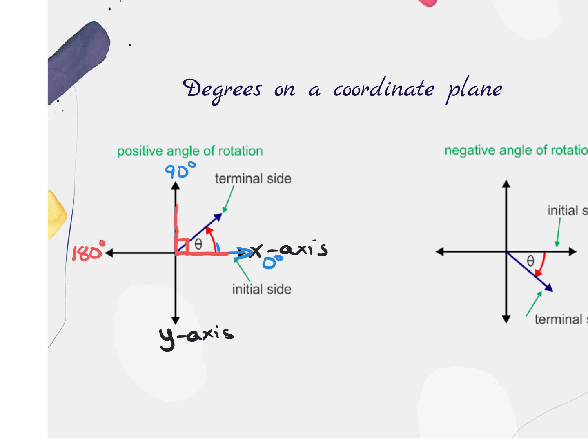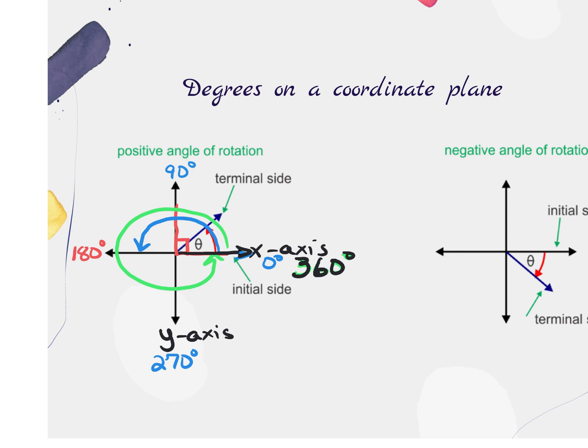Down here at the bottom on your y-axis, this will be 270 degrees. And then once you go full circle all the way around, this would form 360 degrees. So this side of the x-axis, not only is it 0 degrees when you're first starting out, but when you make a full circle, it's 360.